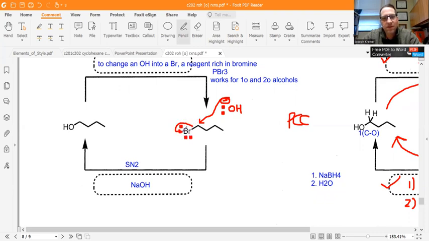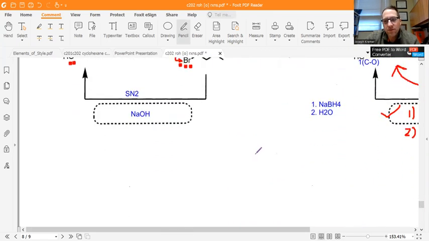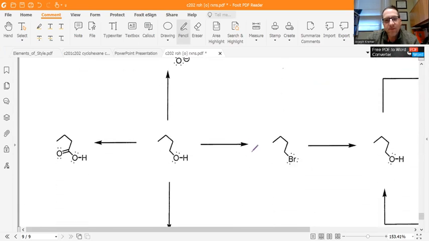Bromine has the requisite usual number of lone pairs on it, and that can bring about the reaction. So that's good to know. How to interconvert an alkyl halide and an alcohol OH. What else is on this packet of fun?